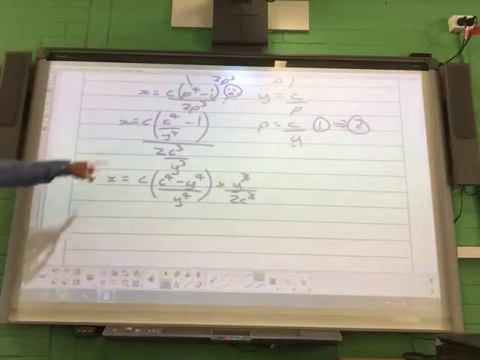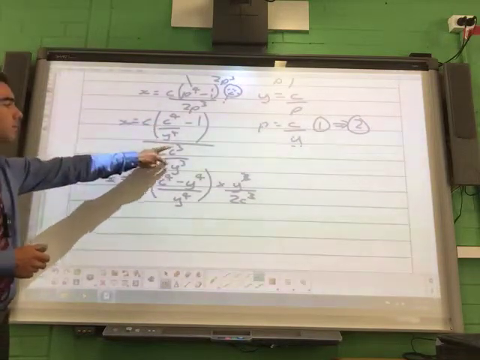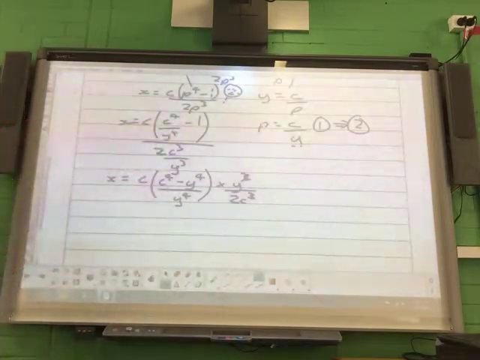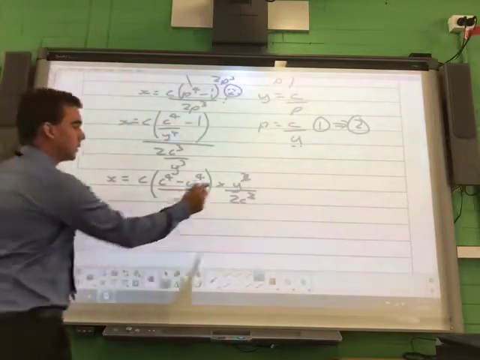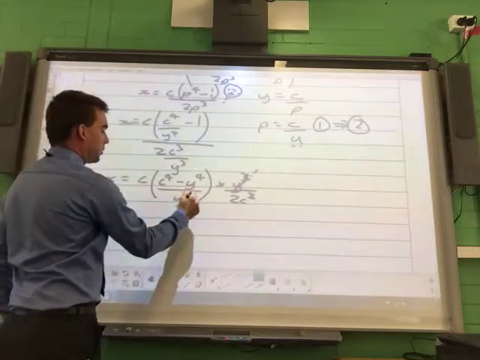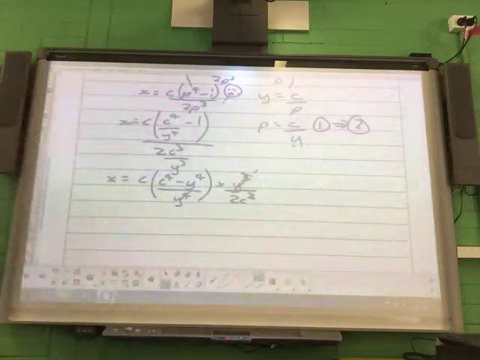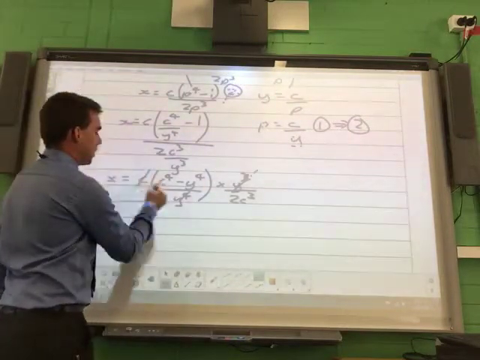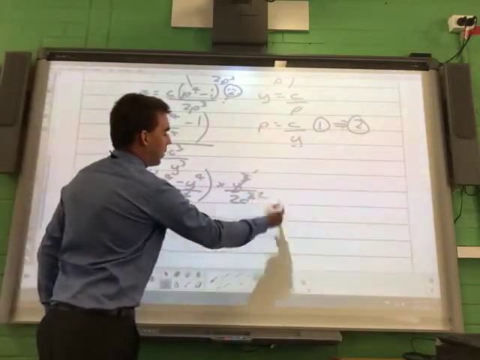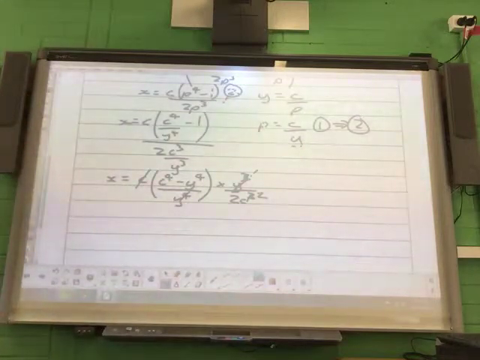I put this over a common denominator and then multiply by the reciprocal. And now I can start doing some cancelling. This is a common factor. The y cubed will cancel with three of the y to the power of 4s, and the c will cancel with one of the cubes there.